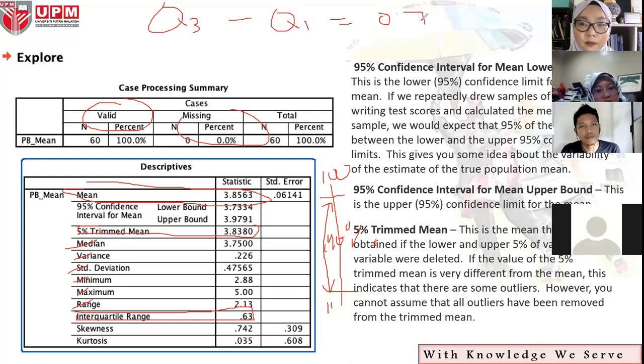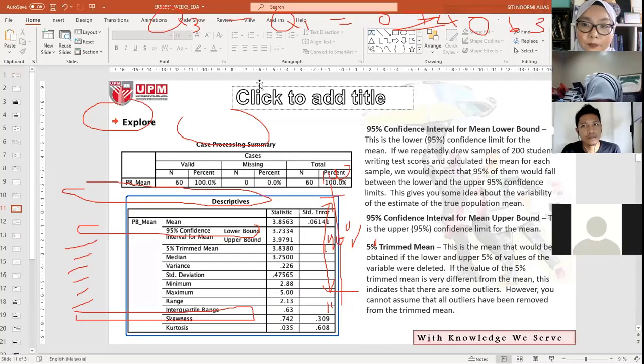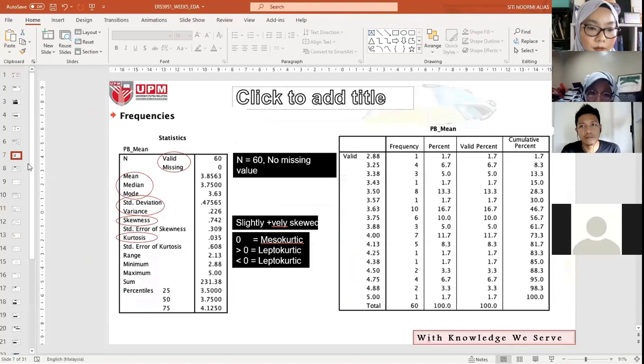So the answer is 0.742. Sorry, 0.625. If you want to check this one, you go back to the earlier table. Try 4.125 minus 3.5, which is 0.625.